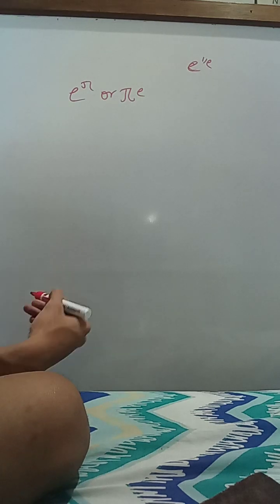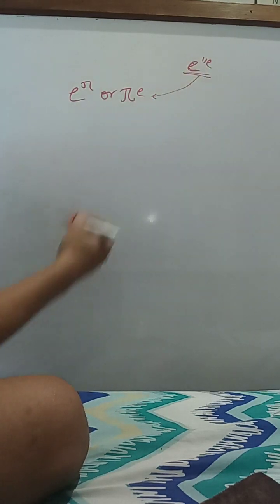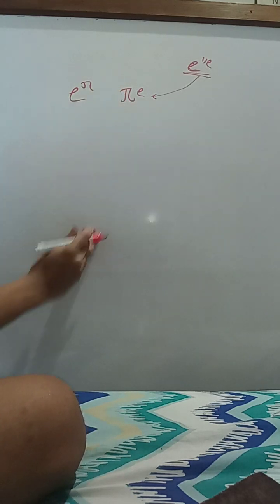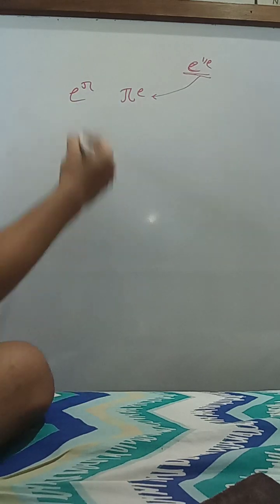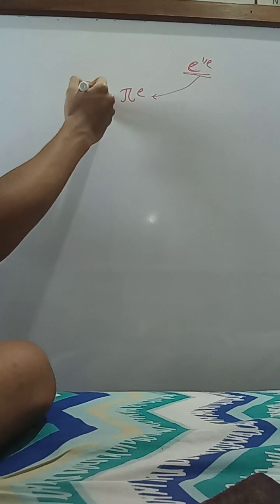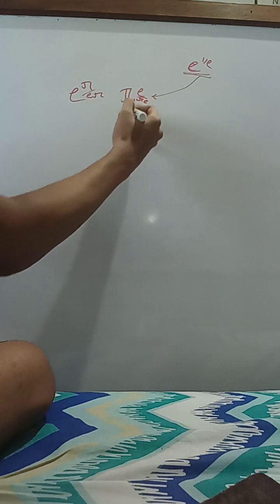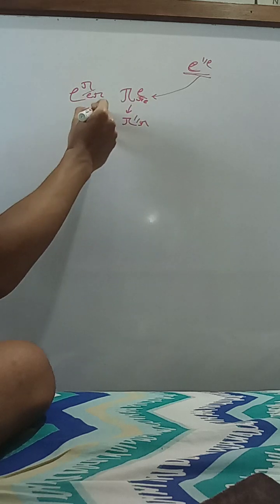It's just common sense. We are going to use this result right here for comparing these. We will take both sides raised to 1 by e and 1 by pi, and then this will be pi raised to 1 by pi and e raised to 1 by e.